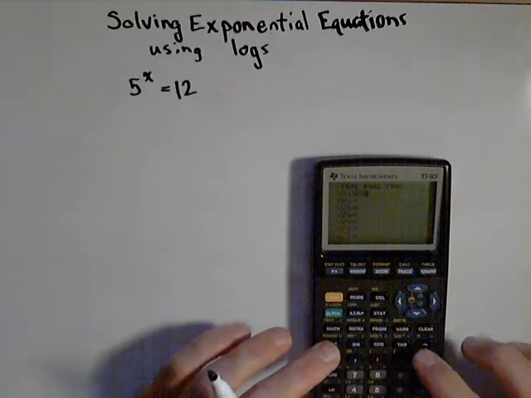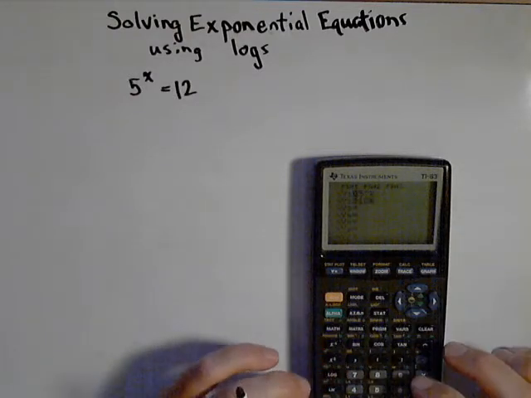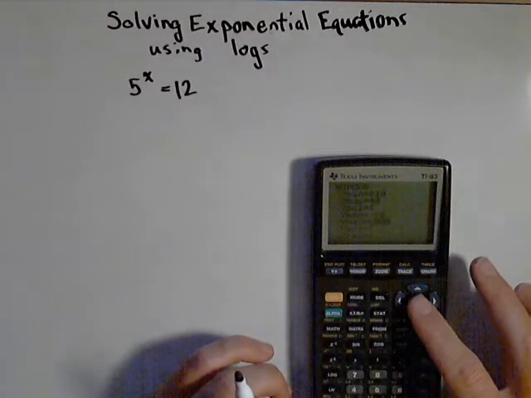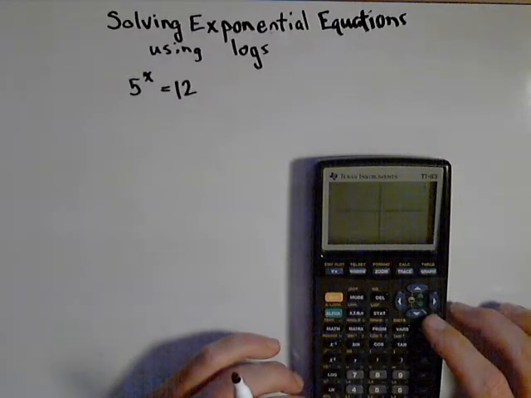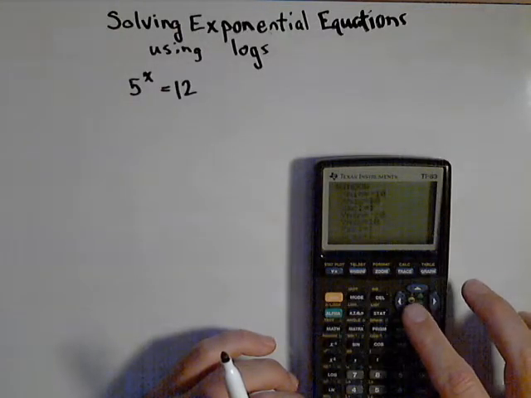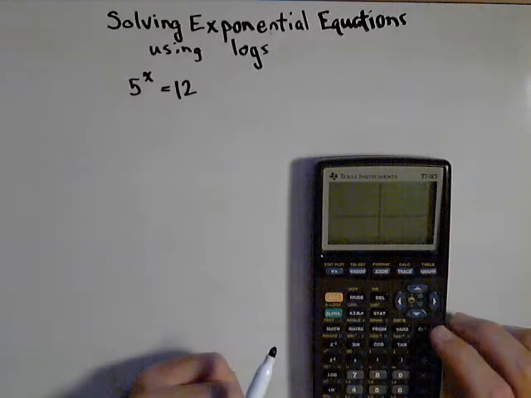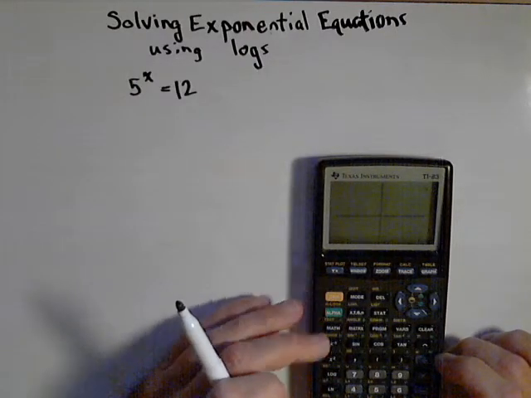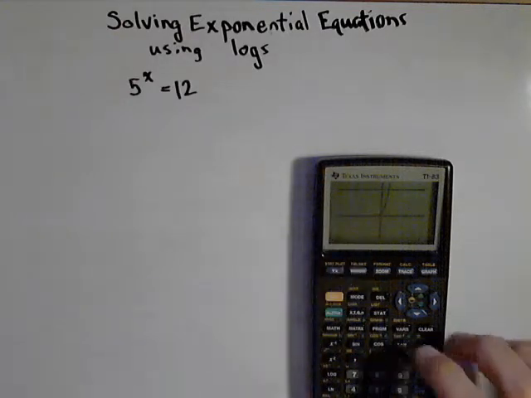What we would do is put in 5 to the x as a graph, and put in 12 as a graph, and now we do need to set up our window, because if I do a standard window, I'll see my exponential piece, but I won't see 12 because it only goes up to 10. So let's move my y max up to 15, and I'll see an intersection of the two, and where they intersect is going to be where my solution is.